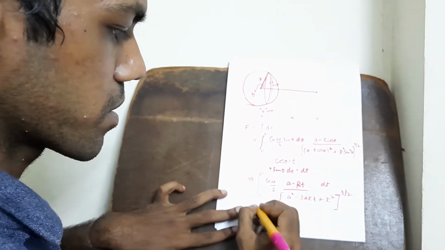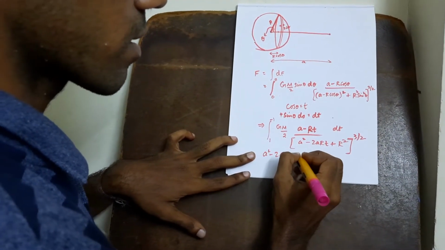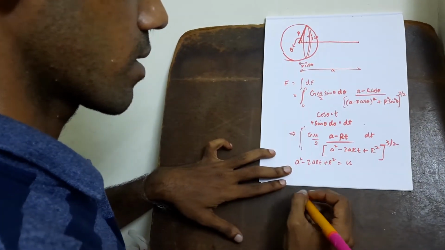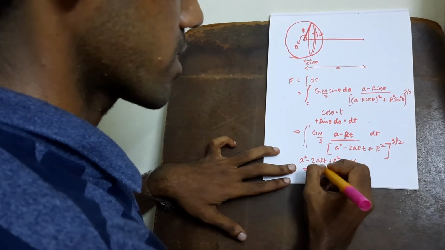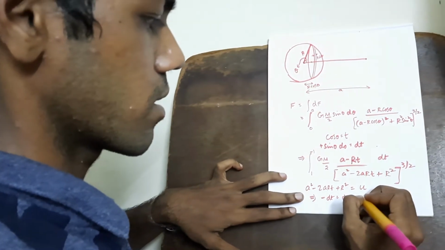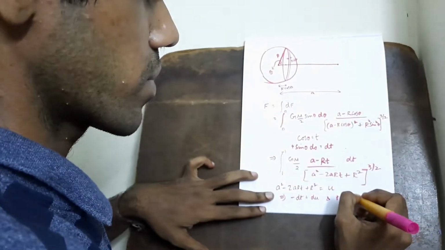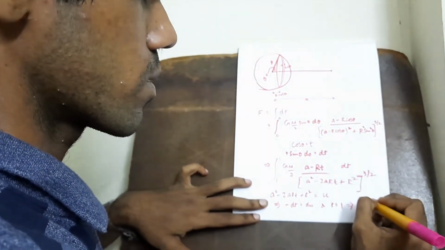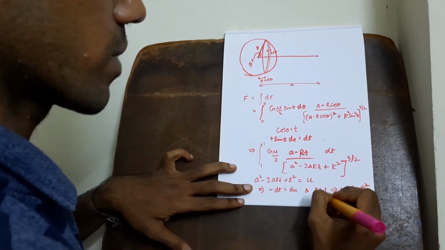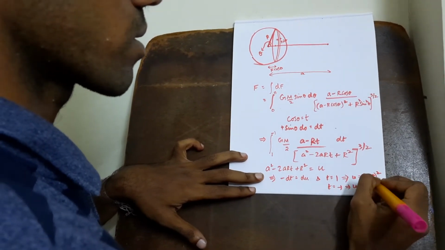After this we are going to substitute a square minus 2art plus r square is equal to u, which implies minus dt is equal to du. When t is equal to 1, u is equal to (a minus r) the whole square, and when t is equal to minus 1, u is equal to (a plus r) the whole square.